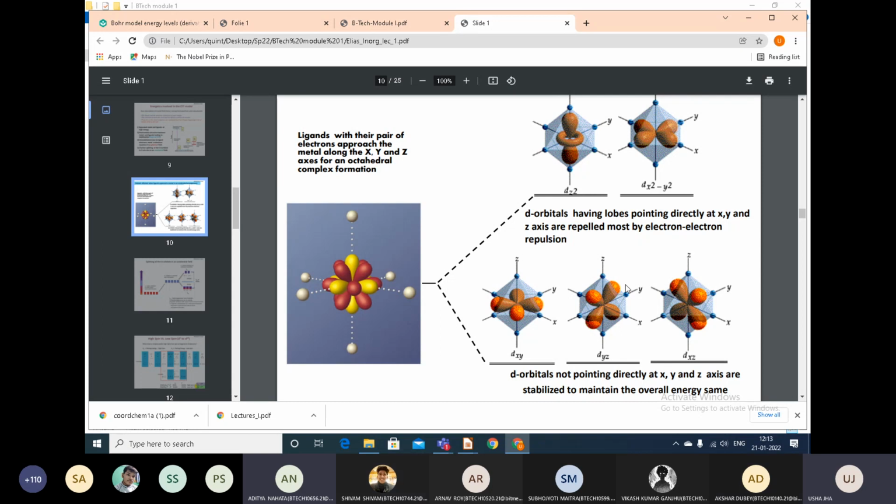The vacant orbitals, the d orbitals, and the outermost: the 3d, 4s, and 4p. These are the orbitals that would be made vacant or available for the ligands to share their lone pair of electrons with it.